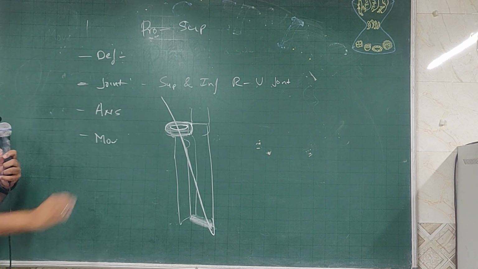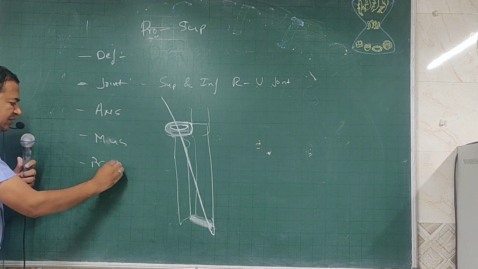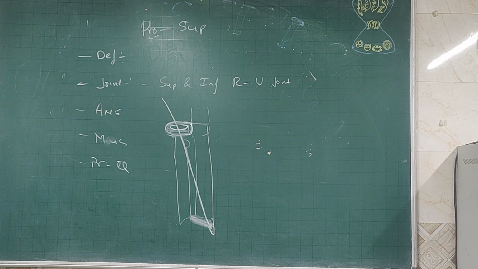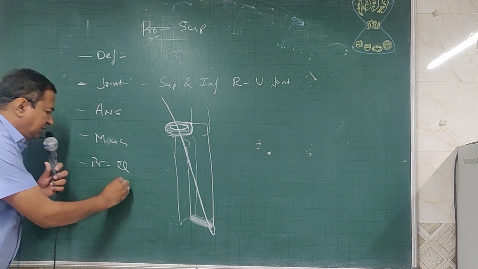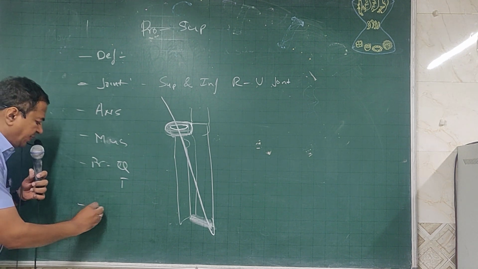Then the muscles producing the movements. Pronator quadratus and pronator teres. Pronator quadratus is actually the main muscle. Pronator teres also is there.